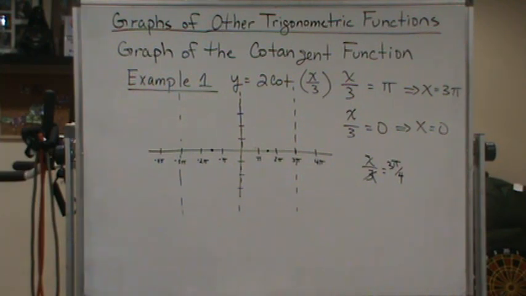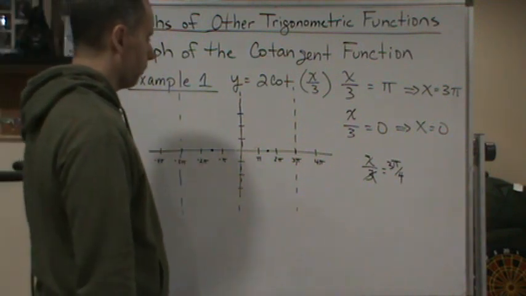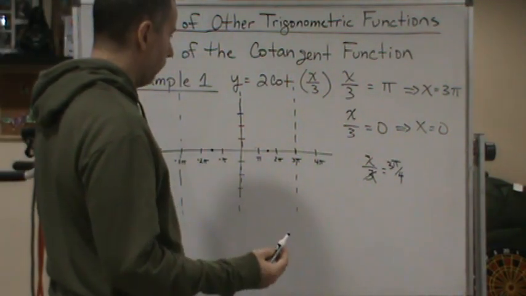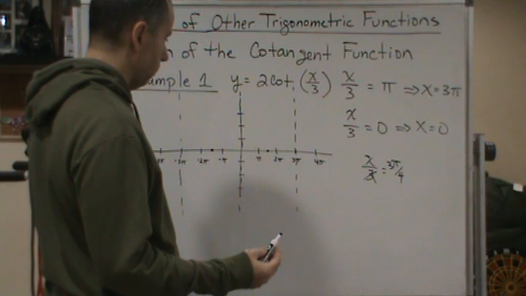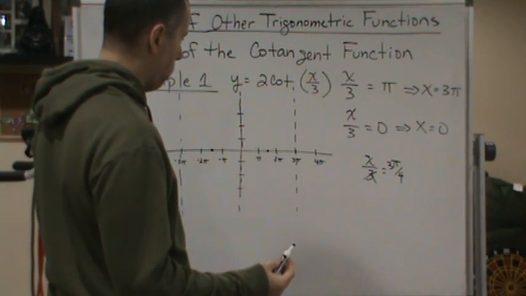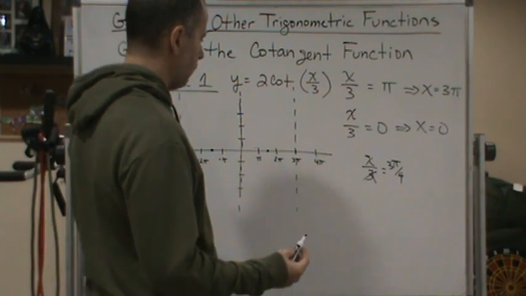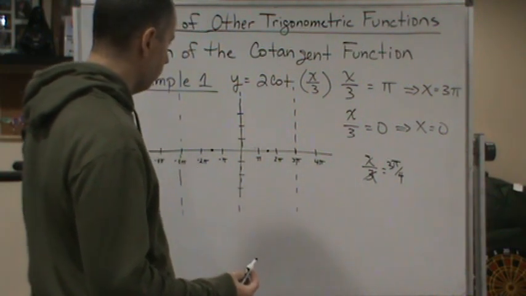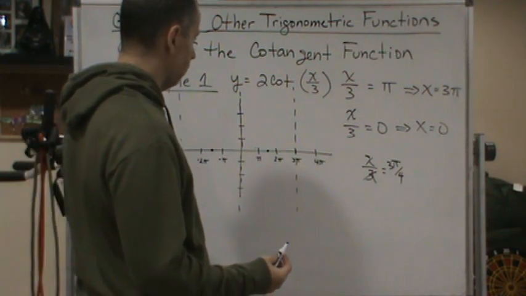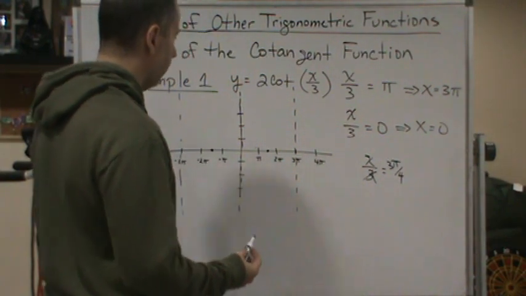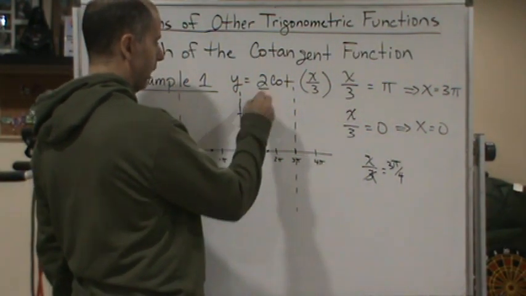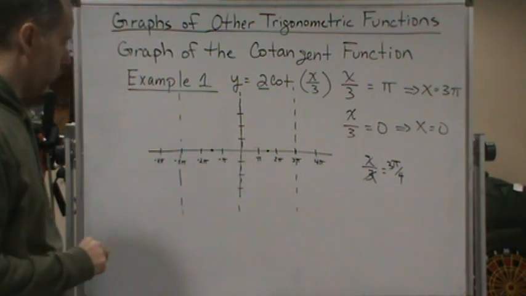Okay? So at 3 pi over 4, if x is 3 pi over 4, we get 1, but there's this 2 here, so it's going to be 2.